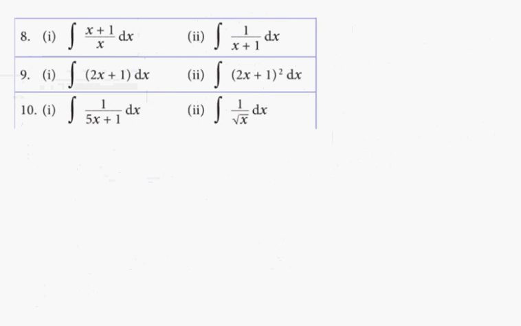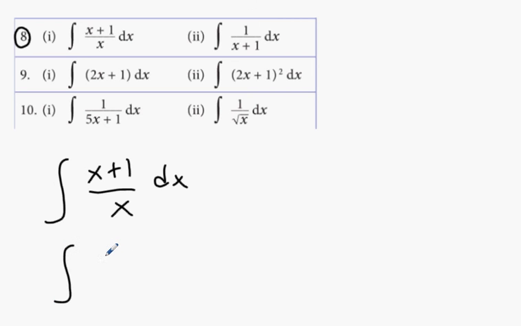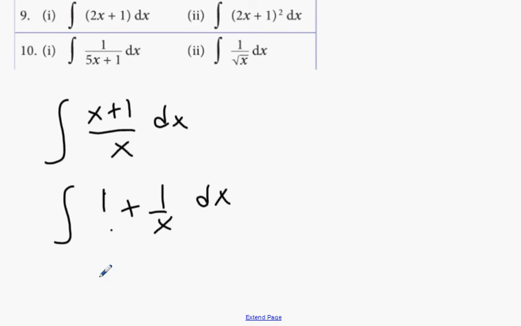So guys, what we're going to do next is we're looking at this one here. Now this one here is an interesting one. Any suggestions on how you might tackle it? Okay, x over x is 1. Okay. Now, integrate 1: x. When you differentiate x, it becomes 1.